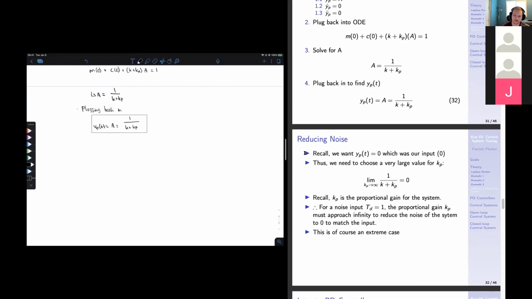Recall we want our output y sub p to equal 0 because our input was 0. We had noise on the system, which was 1, so we have to deal with that in some way.